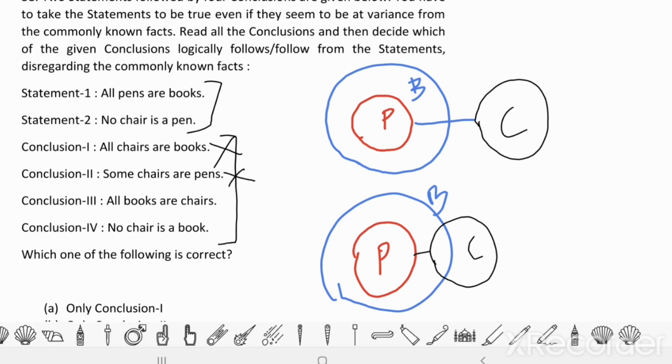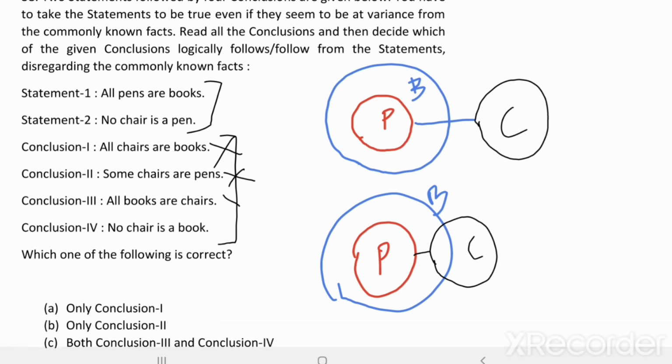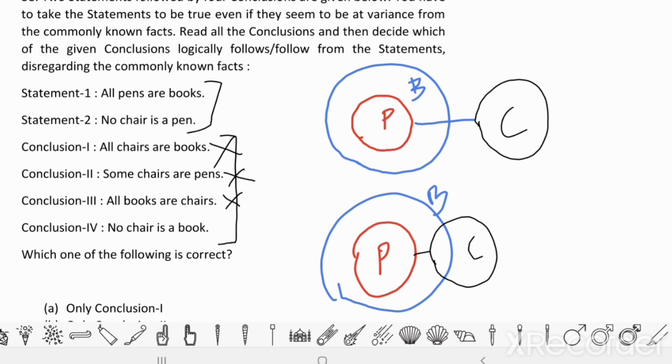Conclusion 3. All books are chairs. This is not possible because all pens are books and no pen is a chair. Therefore, all books are chair is definitely not possible. This is also incorrect. Conclusion 4.